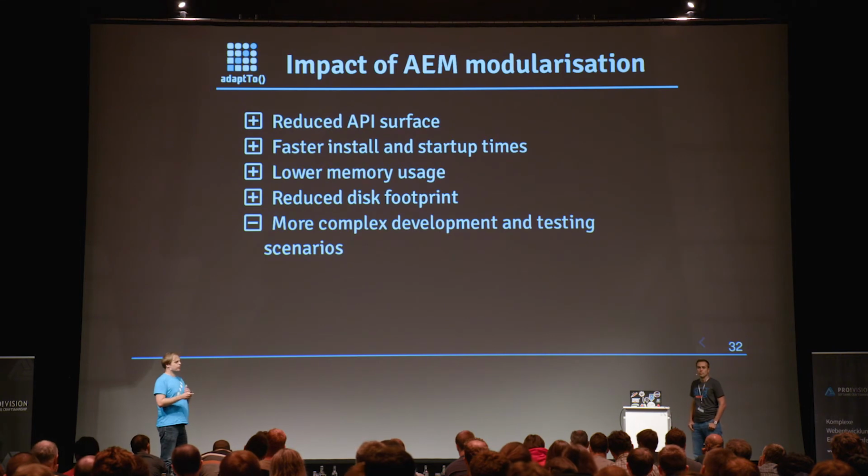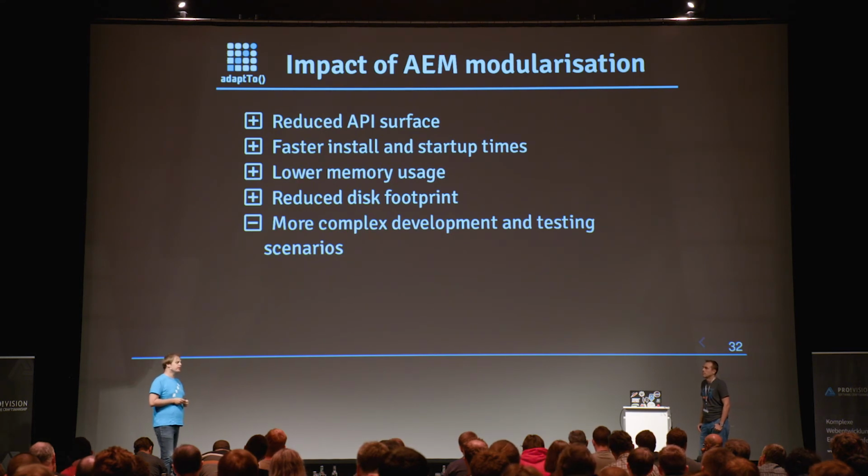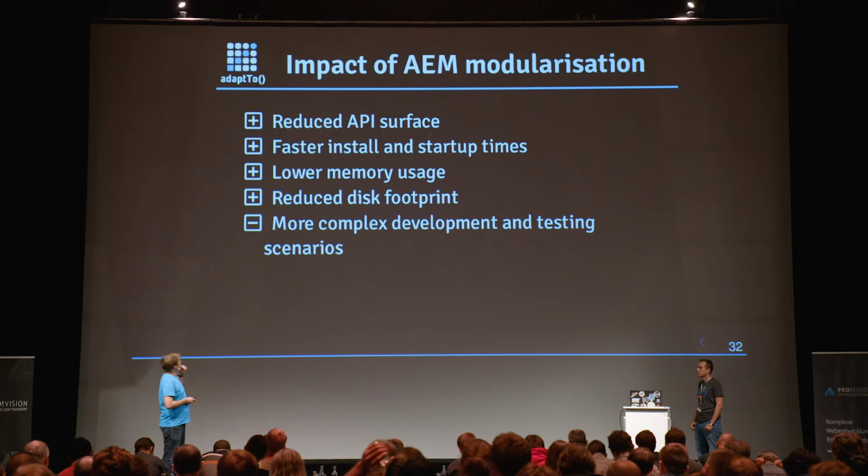And we could also look into having a core product, and what is necessary to have that. For the core product, we have a faster install and startup time. The footprint was reduced quite significantly, more than we anticipated before. Same for memory usage and disk footprint.